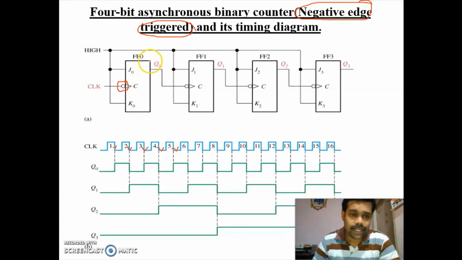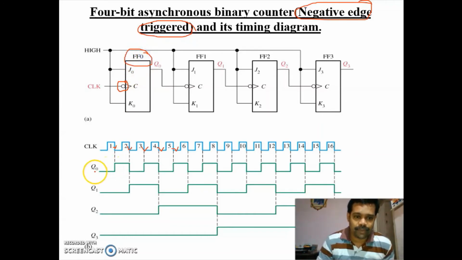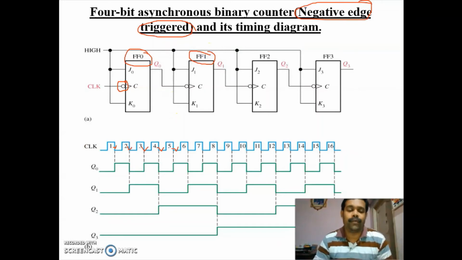So similar to the previous counters, that is 3-bit counter and 2-bit counter, the first flip flop F0 will change the state during every negative edge. Now the flip flop 1 will change the state whenever Q0 is having a value of 1.